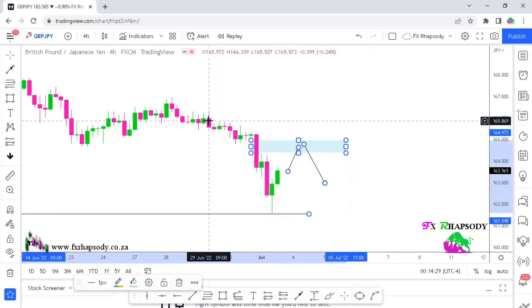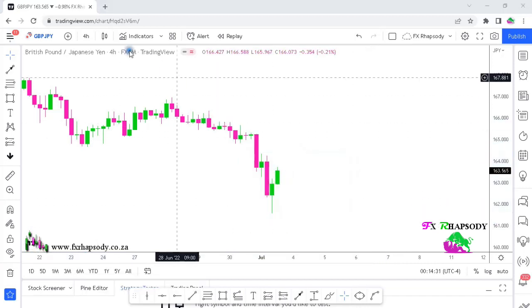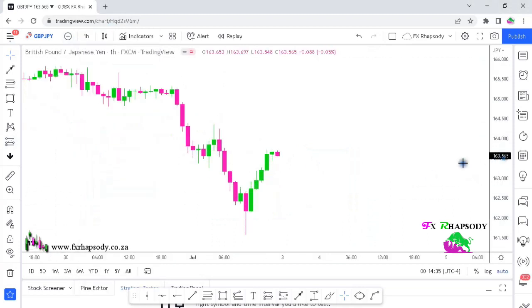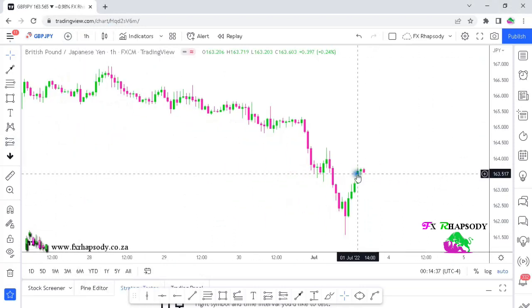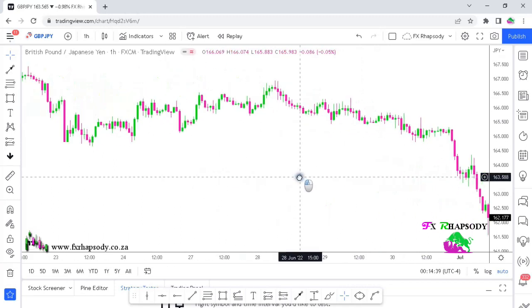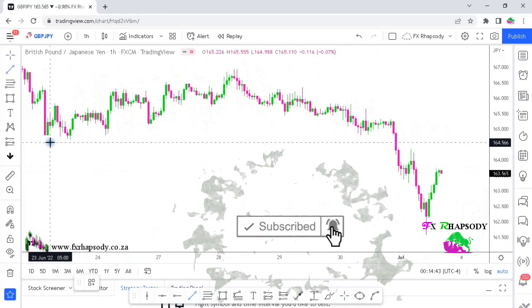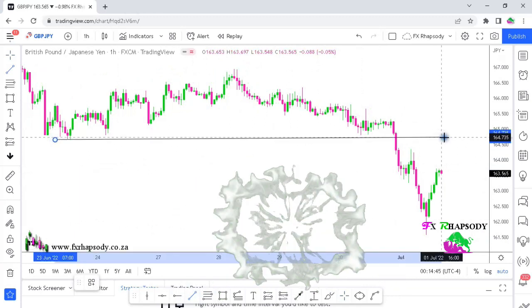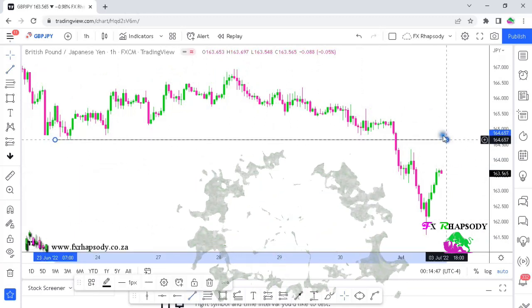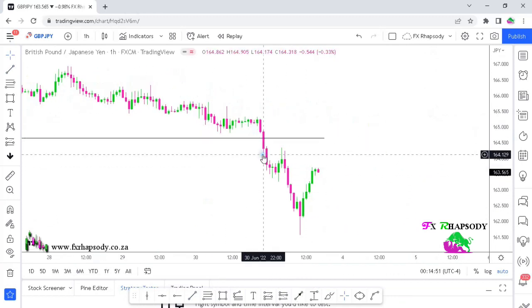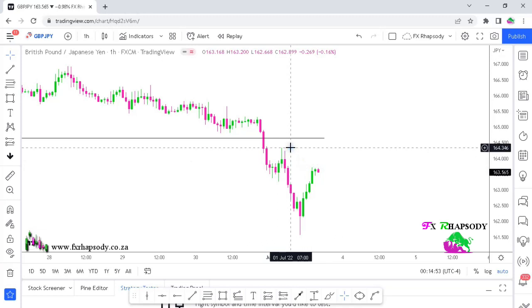If we move to the hourly time frame, just want to show you something. Again, we had that low in the market as we just saw on the previous 4-hour time frame. So that area was created in the market. When that area broke, price came up and retested that area.